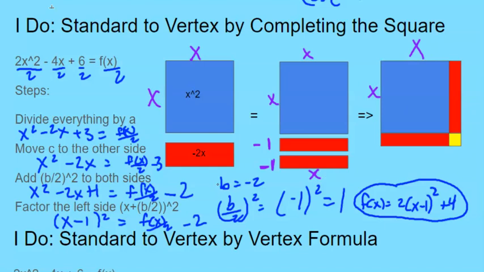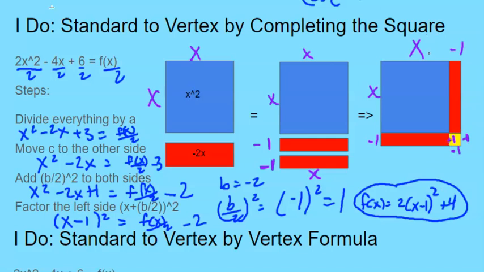Now we're going to put those 2 red rectangles together, with each of these having a length of negative 1. And then we have to complete this new bigger square by adding this little yellow square right here. Now, negative 1 and negative 1 is the length and the width. So the area has to be a positive 1, because negative 1 times negative 1 is a positive 1.